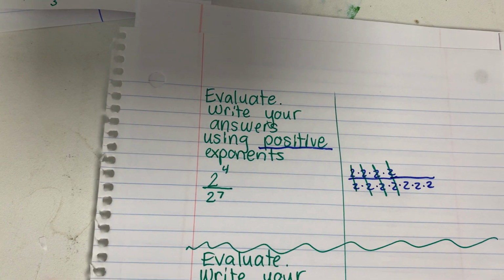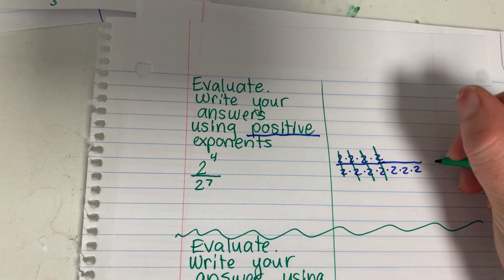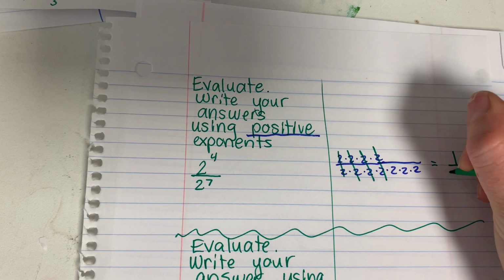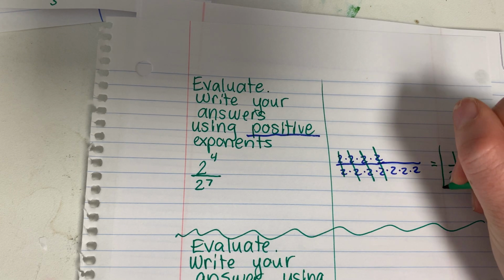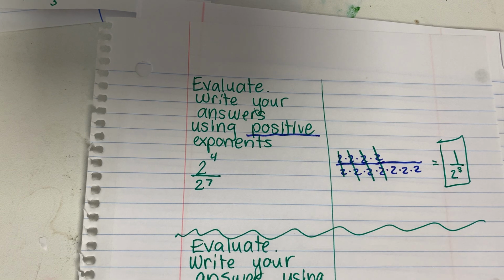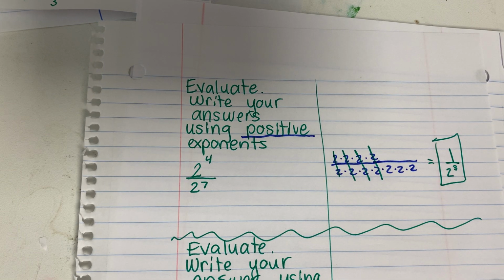Remember, there's that invisible 1 on top. So this becomes 1 over 2 to the third. And since the directions told me to leave it with a positive exponent, I stopped there. If you used your calculator, 1 over 8, you wouldn't have gotten credit here.